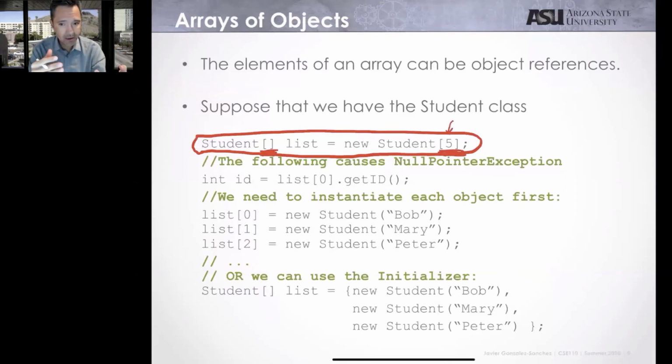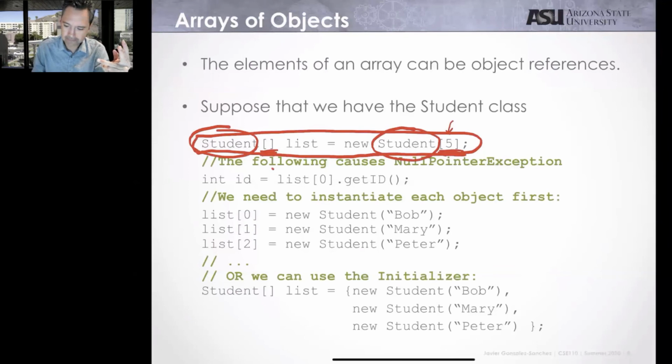And then I can ask you, well, it's an array of 5. 5 what? At that point, you're going to search for the data type. And you know now that this one here before the bracket should be the data type, and this one here after the new should be the data type.